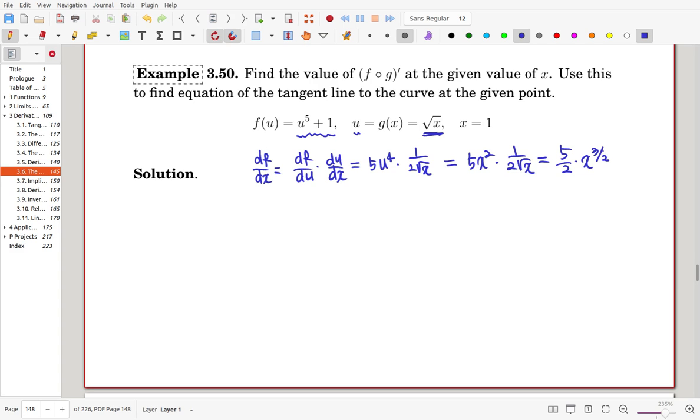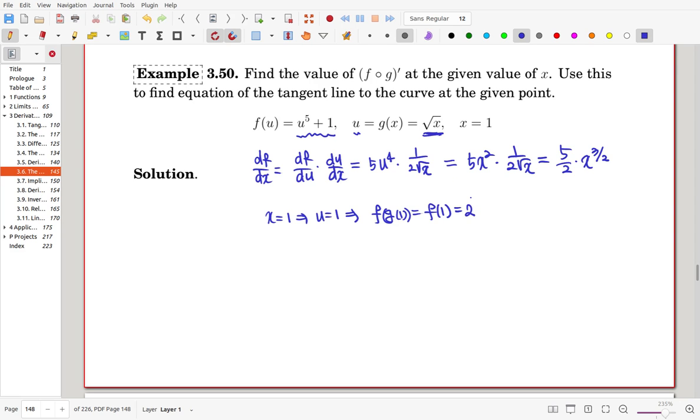Okay, that's the derivative. Now here, when x equals 1, we know that u equals 1, and then here f of u, g of 1 basically, the composite function g of 1, which is f of 1, and the value is 2.